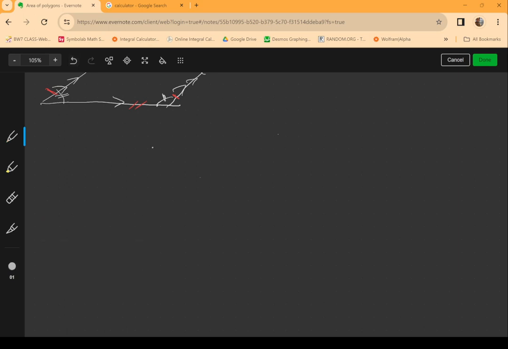Okay. So let's say we had this parallelogram, right? And I'm going to define the height of a parallelogram to be from one of the corners to drop a perpendicular straight down here. So this makes a 90-degree angle here. So this is what I'll determine to be the height, right?